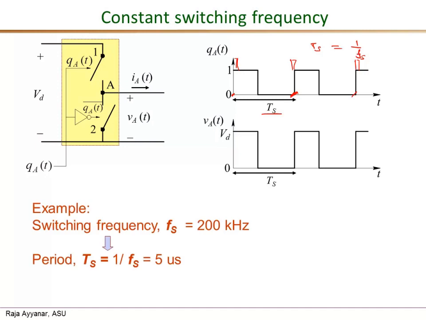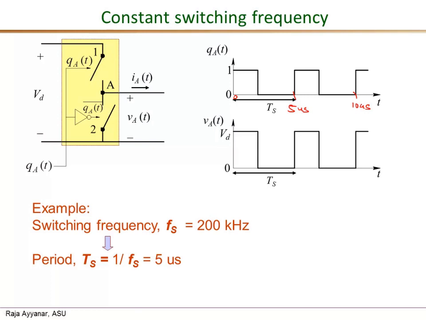As an example, if your switching frequency is given as 200 kilohertz, then the period Ts is 1 over Fs, which is 1 over 200,000, and that comes out to be 5 microseconds. So for this example, this point is 0, this point here is 5 microseconds, 1 Ts, and this will be 10 microseconds, and so on.